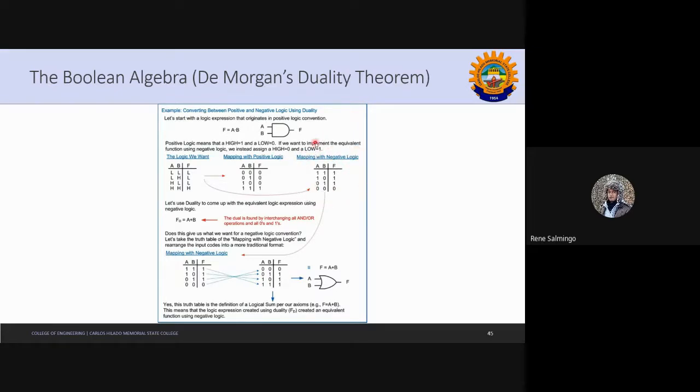So this is the reverse. Now, if we use duality by interchanging AND and OR operations and all ones and zeros, what will happen? This one would be the same way, and this would not be an AND gate if we are going to interchange it. So this becomes your OR gate, after you interchange the values of your input as well as your output.